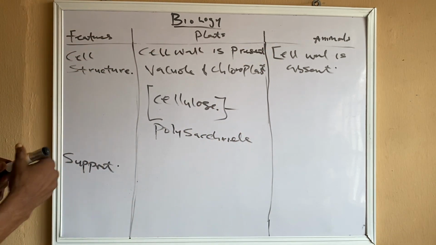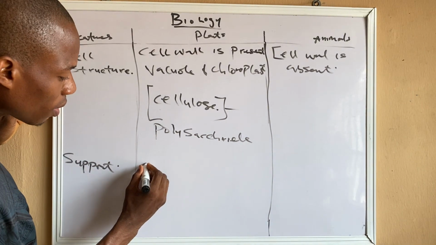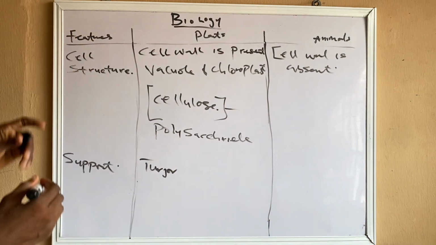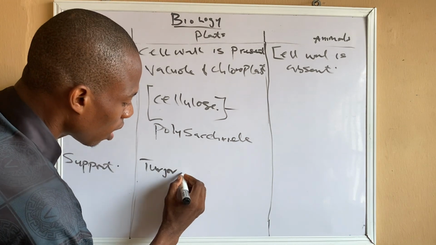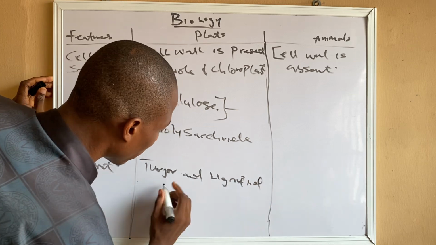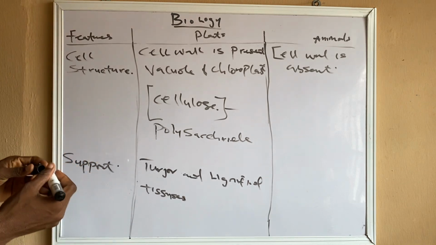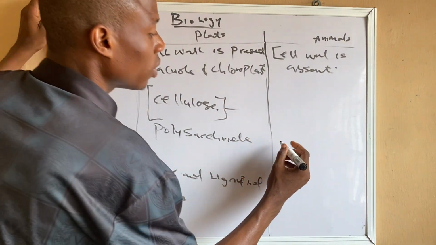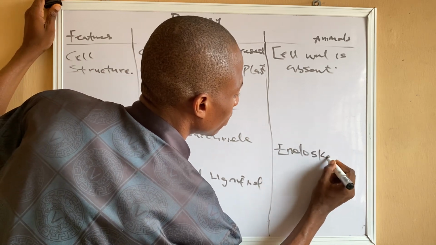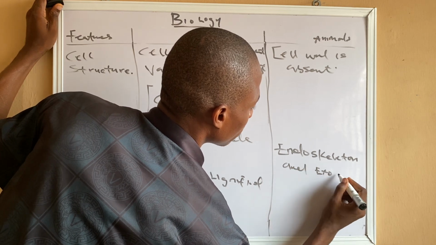Support in plants is made up of turgor or lignified tissues. But in animals, you have the endoskeleton and the exoskeleton.